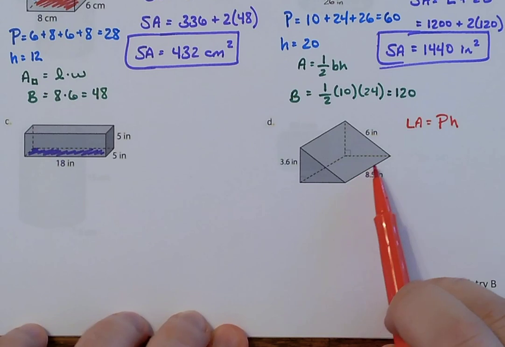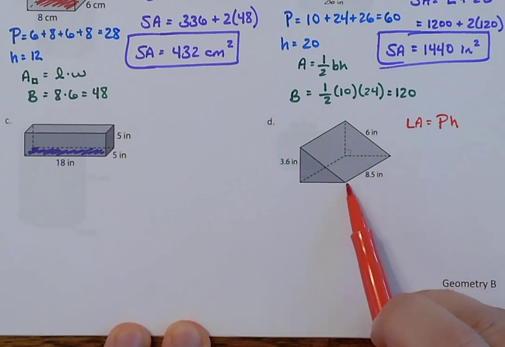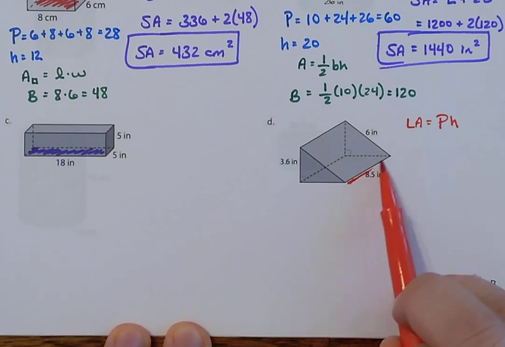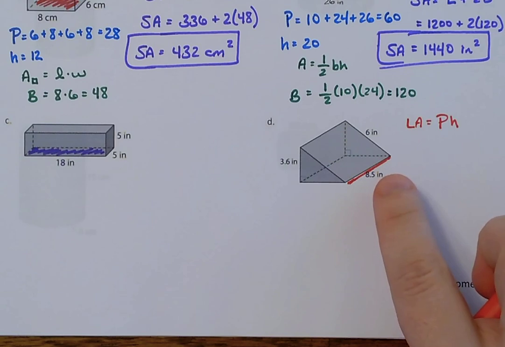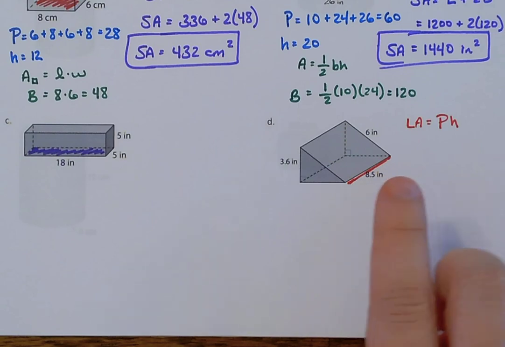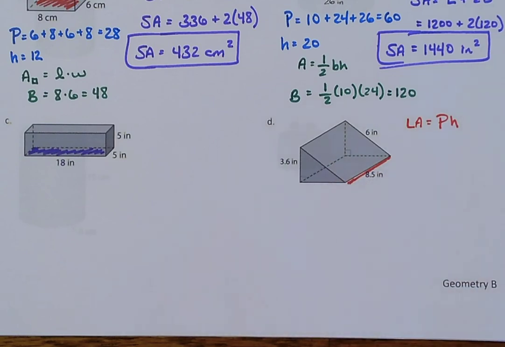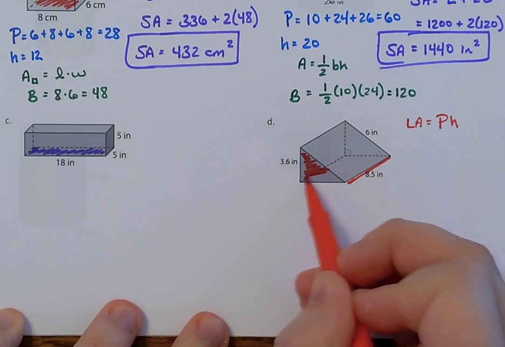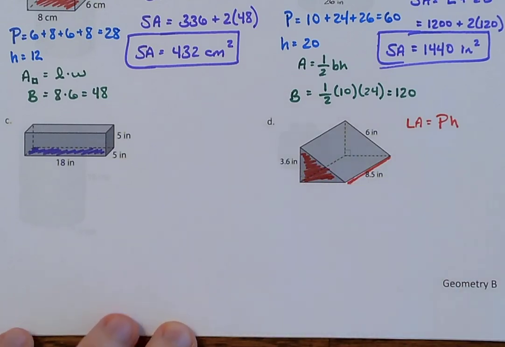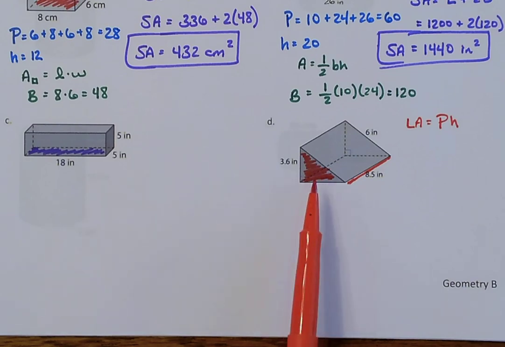I know the height of the prism to be 8.5, and when you're doing height of prisms, you need to use the length of the rectangular side. Now, we have to figure out the perimeter of our base, which is this triangle right here.